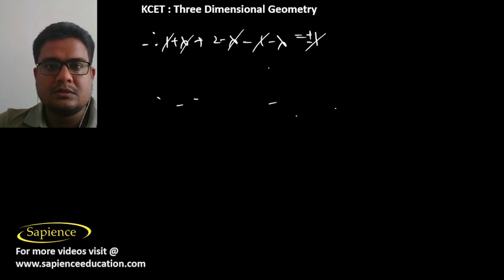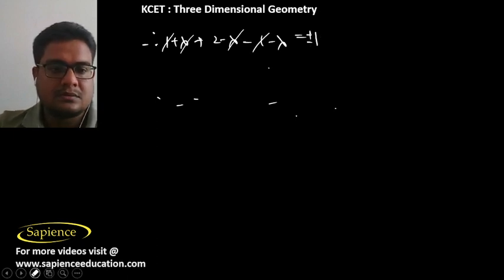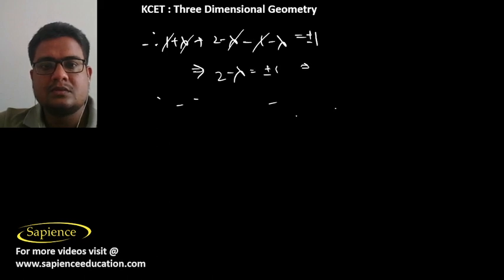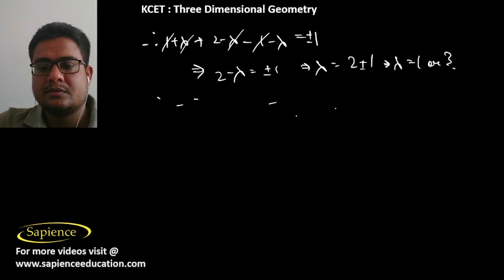This one will get cancelled. This one will not get cancelled. So therefore, it is coming 2 minus lambda equal to plus or minus 1, so lambda will be equal to 2 plus or minus 1. It means that lambda can be 1 or it can be 3.